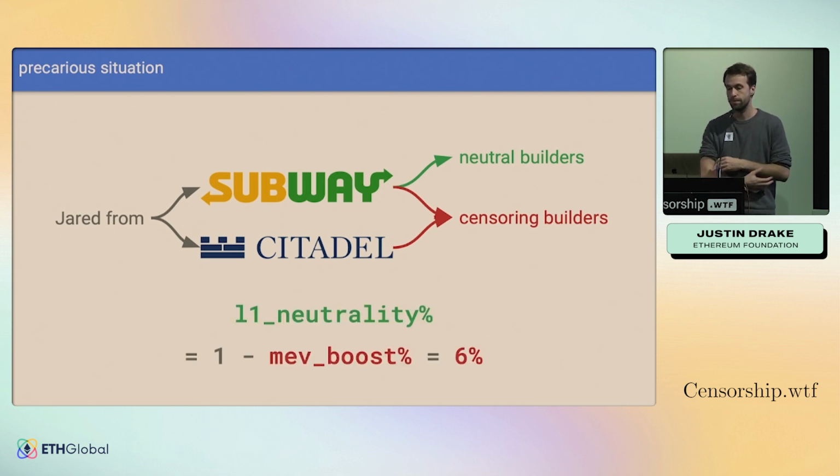And so a possible situation is that the dominance of layer 1 neutral block space is basically going to be the non-MEV-boost portion, the self-built portion, which is about 6%. So this is where we might be heading very, very soon. And it's even worse than that because this self-built portion is also shrinking over time as more and more somewhat unsophisticated validators realize that they're losing a lot of money and activate MEV-boost as opposed to self-building.